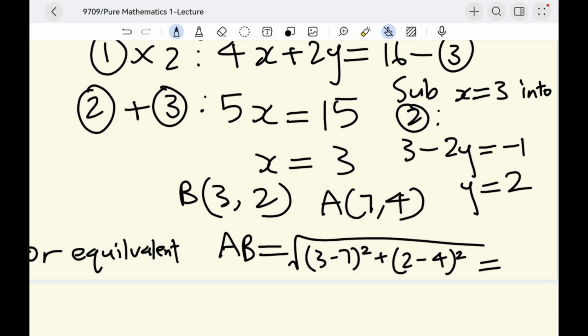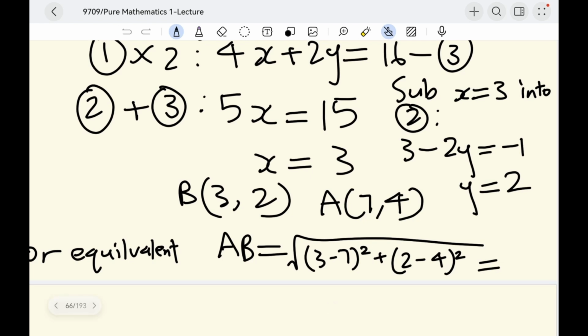Use your calculator in case the final answer of the distance AB is not in exact form. Instead of writing 2 square root of 5, I will write it as 4.47 units.